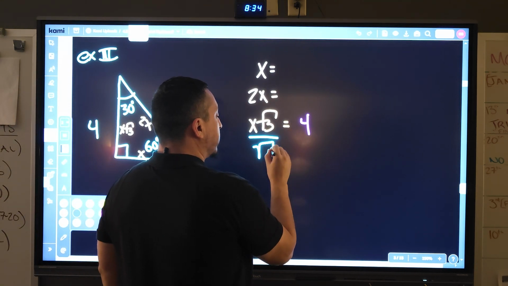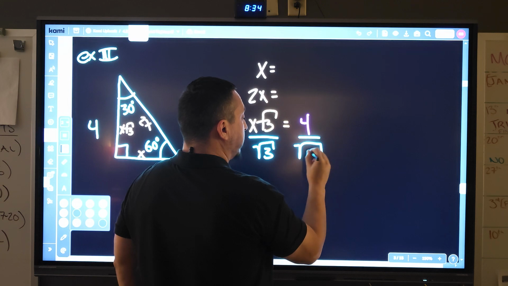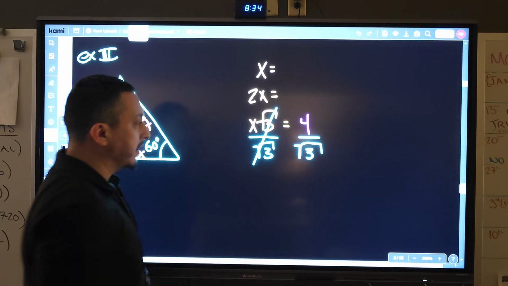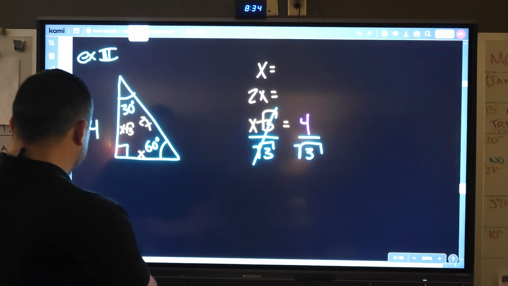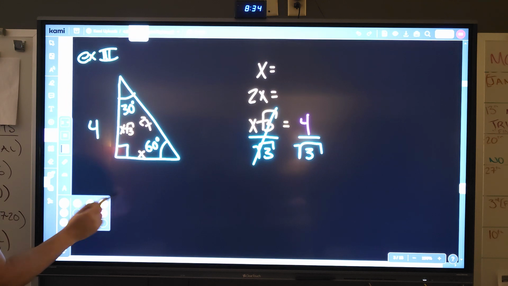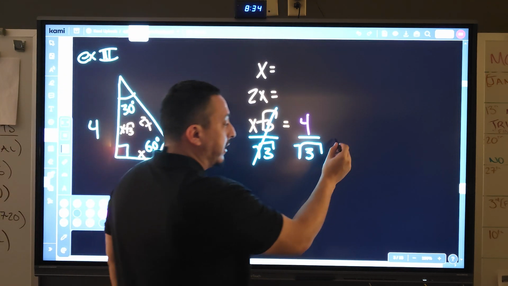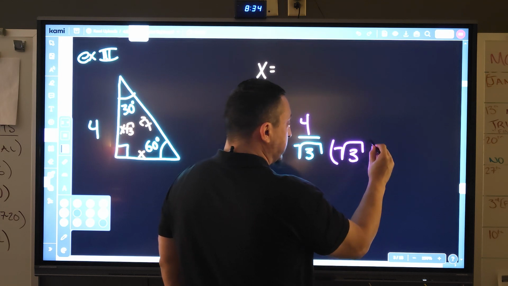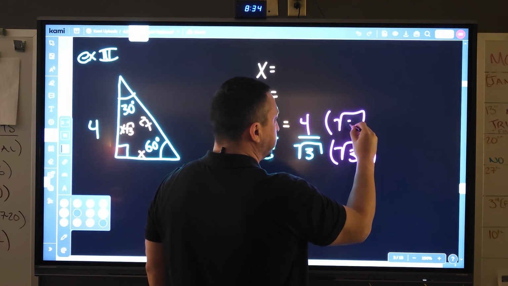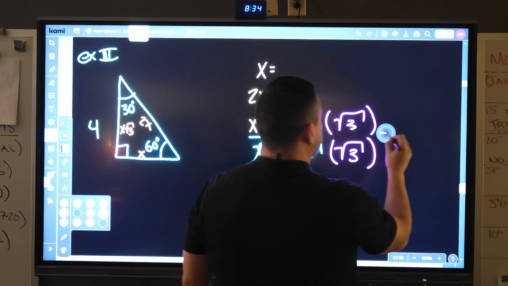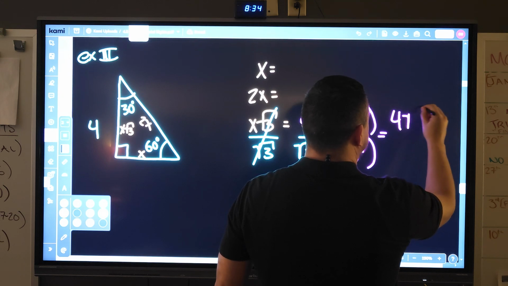This one is going to turn out a little bit ugly, but nothing too big. We solve for x, so we divide by square root of 3 on both sides. Once again, we can't have a square root on the bottom. You could look at notes 4.1 for that. You just multiply by that same square root on the top and the bottom, and that cancels your square root.